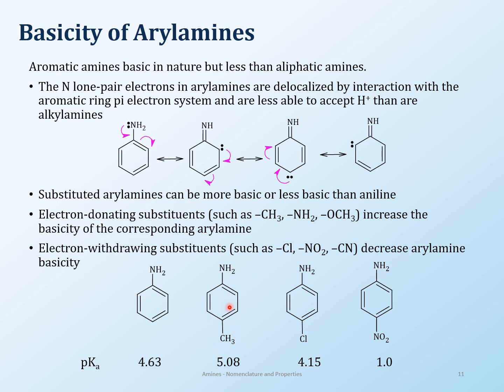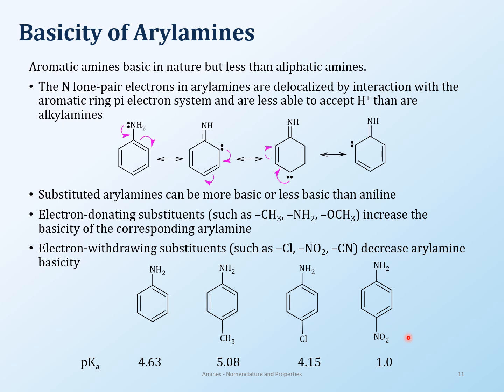The electron donating group makes the nitrogen a little bit more electron rich. It's not that the resonance is not going on, it is still going on, it is just that it's more electron rich. Compare that to something with chlorine, compare that to a nitro group, which has such a low pKa, because now electrons are being withdrawn from the benzene ring.